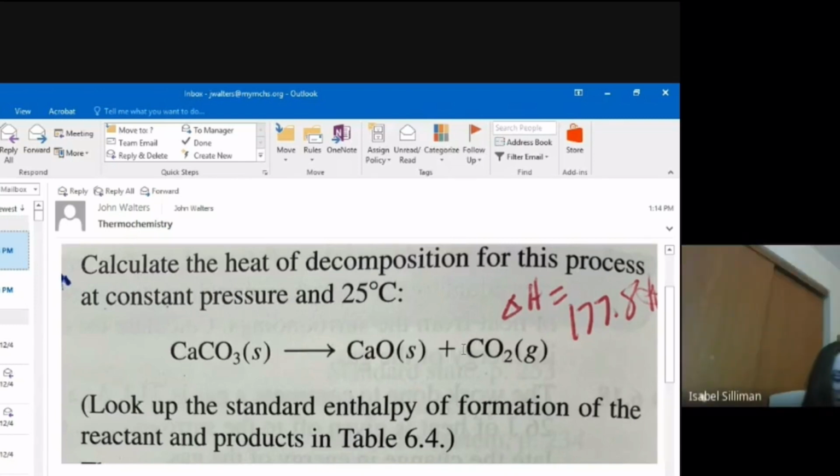CO2 is negative 393.5. Okay, and then we're going to add that to calcium oxide. What do we have for calcium oxide? Isabel. It's negative 635.6. Now we're going to add those two, and what do you get?